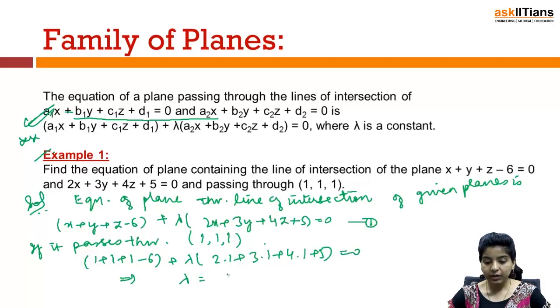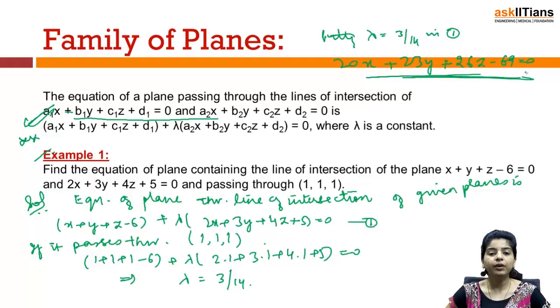This gives me lambda is 3 by 14, and just substitute the value of lambda here. So putting lambda equal to 3 by 14 in 1, we get the equation of plane as 20x plus 23y plus 26z minus 69 equal to 0, and this is the required answer.